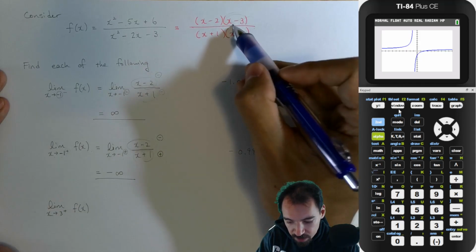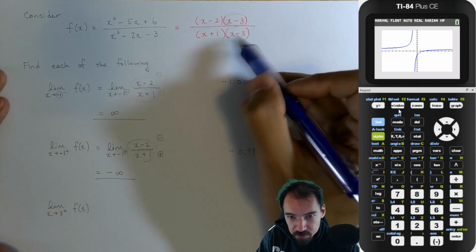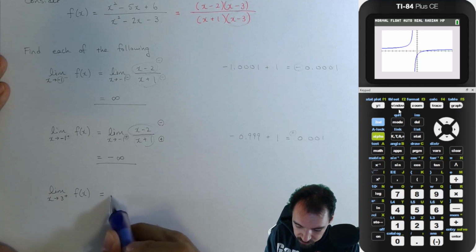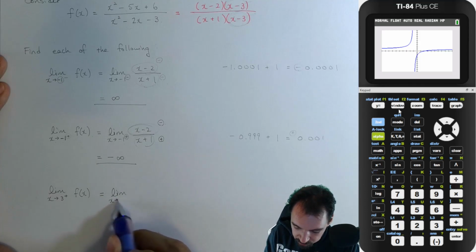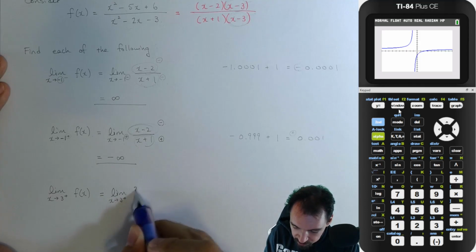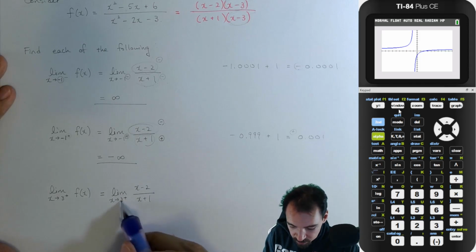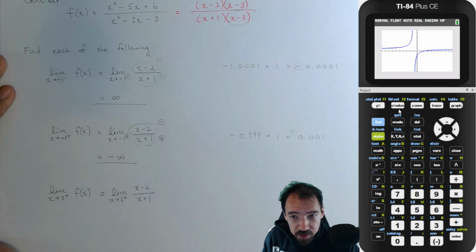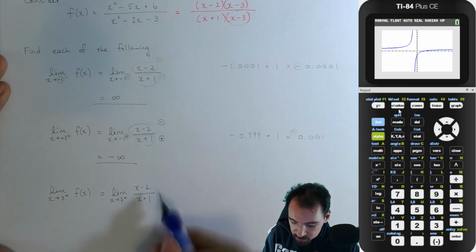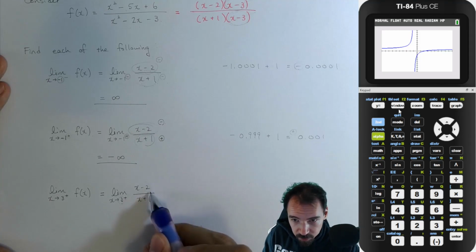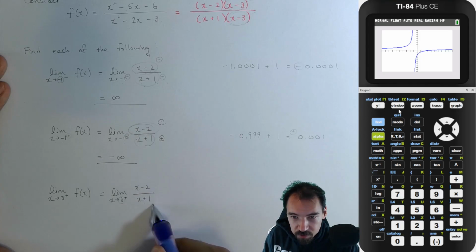So still, we're safe. That number is not 0, that number is not 0. We can just cancel them out. So this is simply the limit as x approaches 3 from the positive side of x minus 2 over x plus 1. Now let's attempt to take this 3 and plug it into the numerator and the denominator. So that's going to be 3 minus 2 is 1. 3 plus 1 is 4. Wait, is that just 1/4?